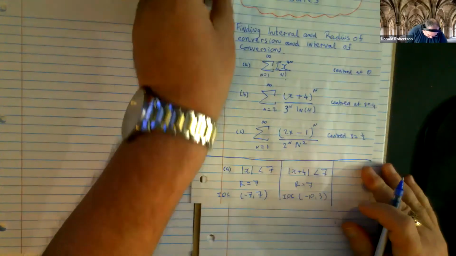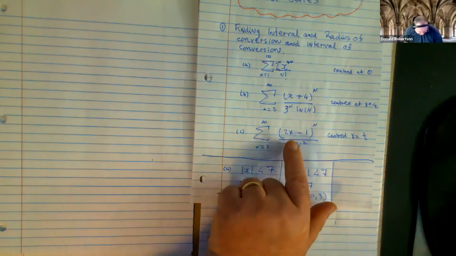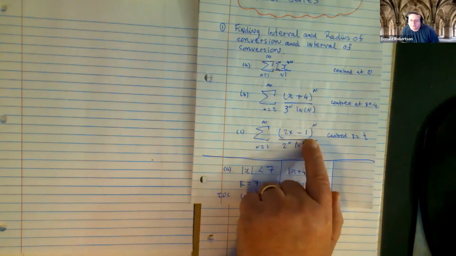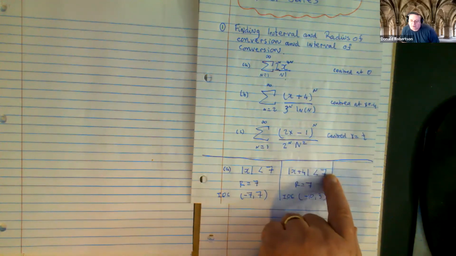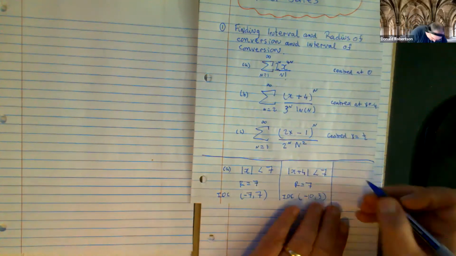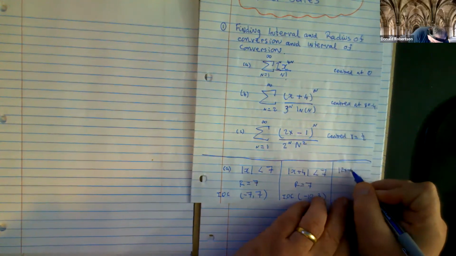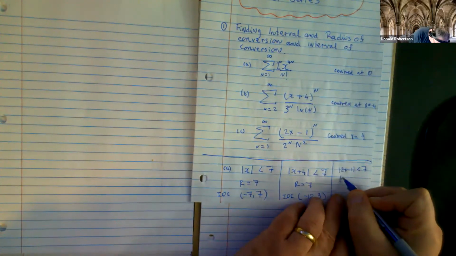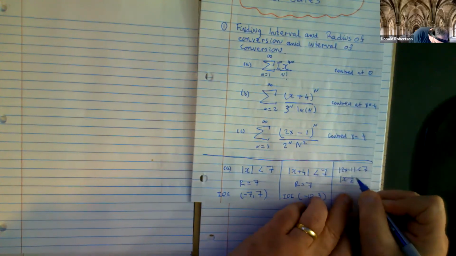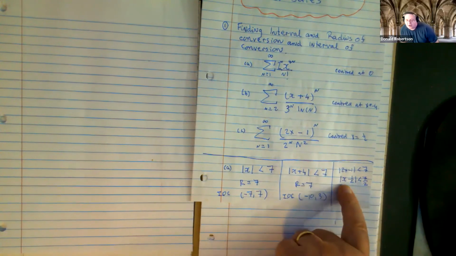And then the ugliest one is this one here. You might think I'm going to say, well, you're going to eventually get the absolute value of 2x minus 1 less than 7, which you will. You might get something like that, but that's not the end of it. You must have an x.